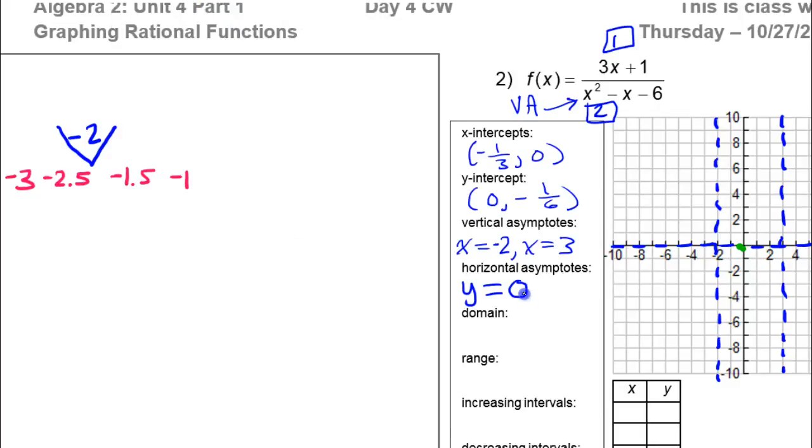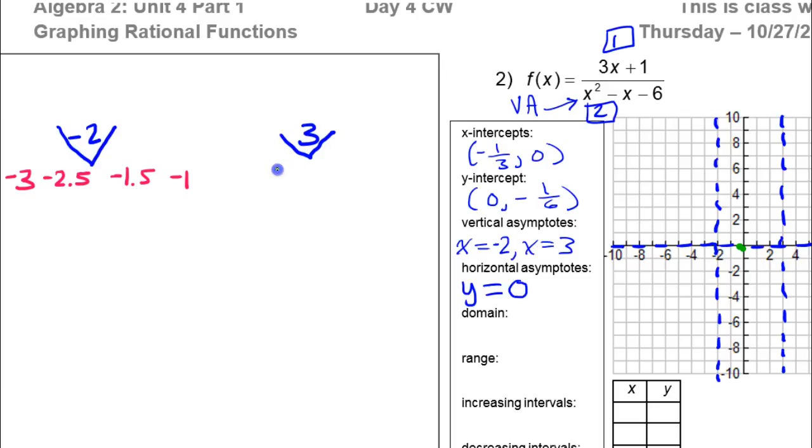Okay, so my other vertical asymptote is 3. So take a look at that. And I'm not sure I have enough space. Can I squeeze it in? I'll try. So if I have 3, okay, maybe I'll use a different color in case they get too close. So I have my vertical asymptote of 3. I need the decimals to the left and right of 3.